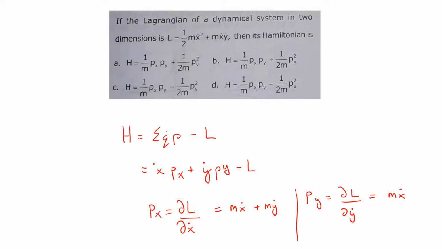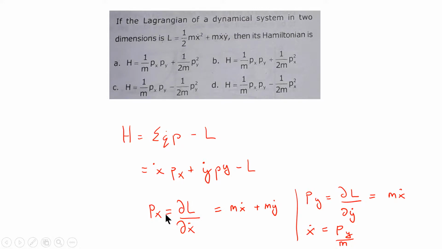So from this we can have an equation for x dot. So x dot is equal to py by m. And for y dot, from this equation we can substitute in terms of x dot and solve for px.